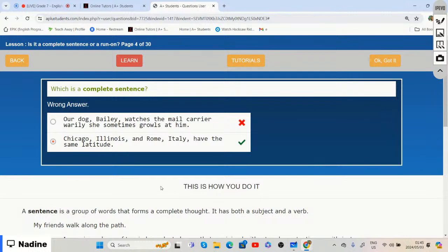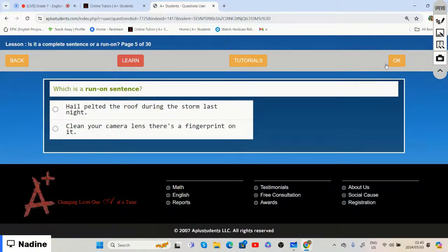This actually sounds very funny because it looks like it was wrong. Let's select a run-on sentence. It says, hail pelted the roof during the storm last night, or clean your camera lens, there's a fingerprint on it.